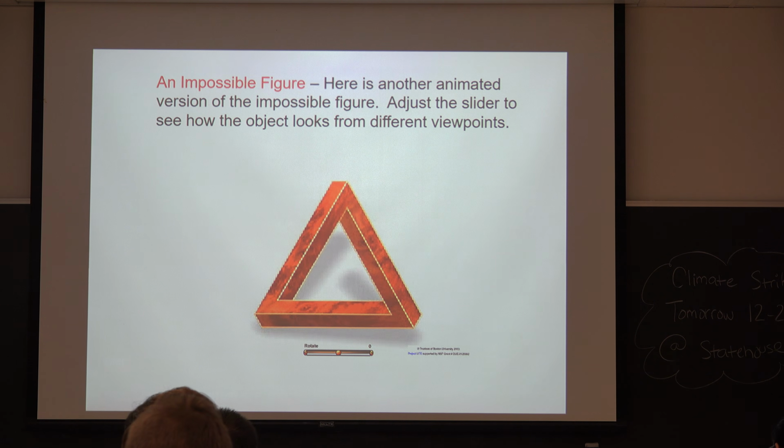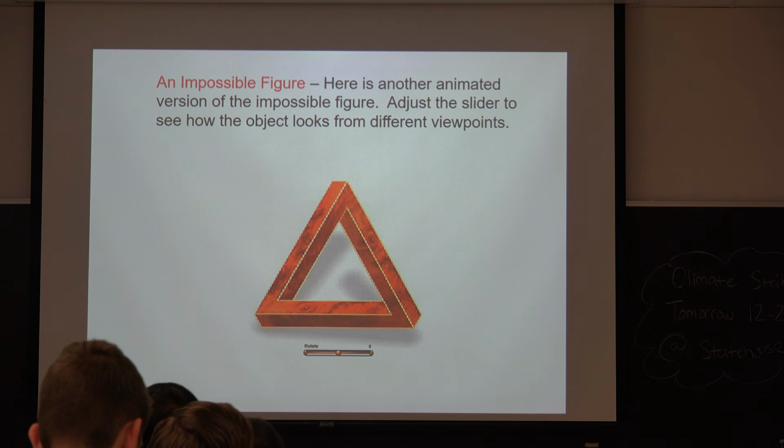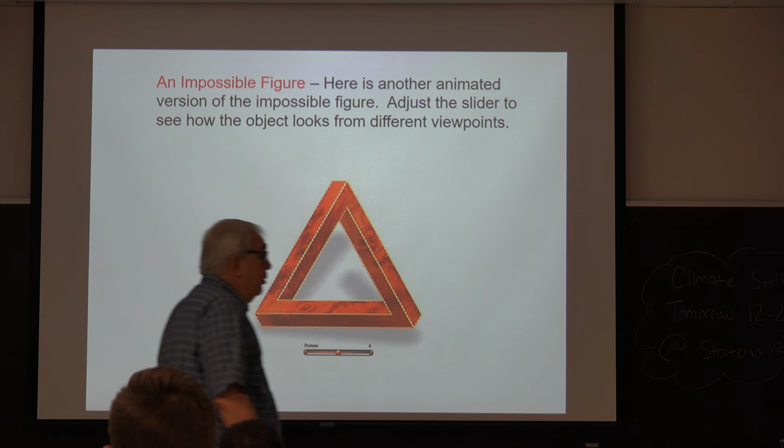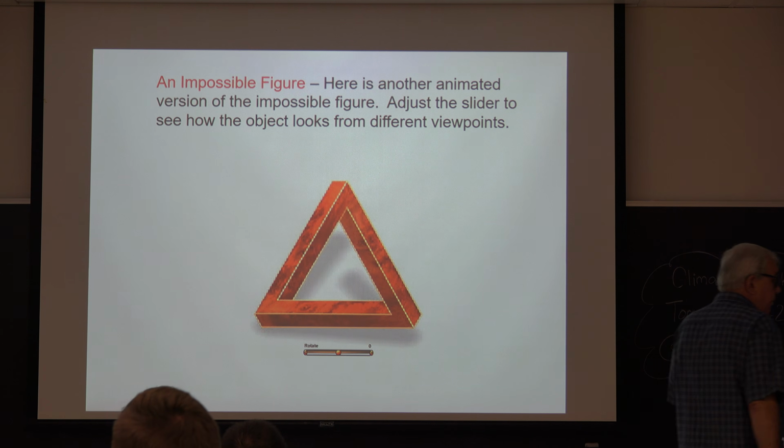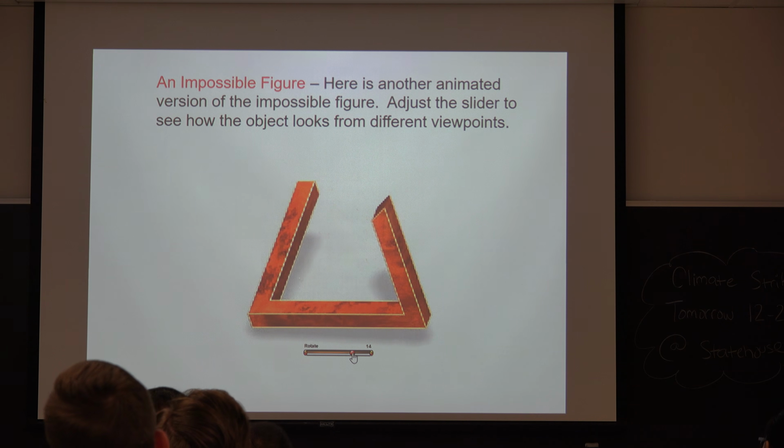Here's another example that is what you described. So you see the impossible triangle, but notice the shadows. Here the shadows are really giving it away. And if you move the object, like so, you see what's really going on.